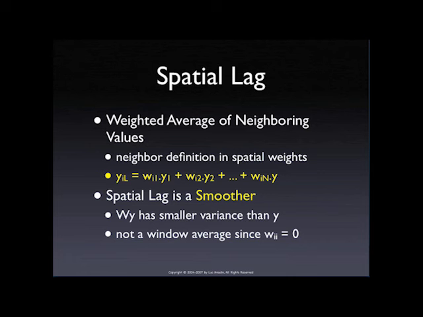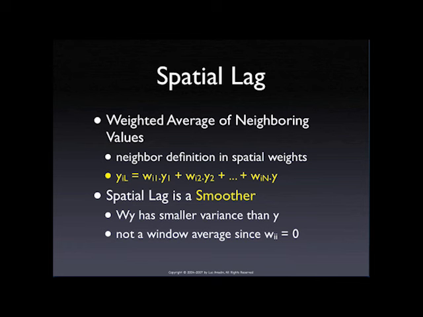If we look at the counties in the US, 3,100-some continental counties, in the row for any specific county there are only 5 or 6 non-zero elements. Everything else is 0. So even though mathematically you express it as a weighted average of all the observations, because most of the weights are 0, in effect it's only a very local weighted average of the immediate neighbors, as expressed through the weights matrix.